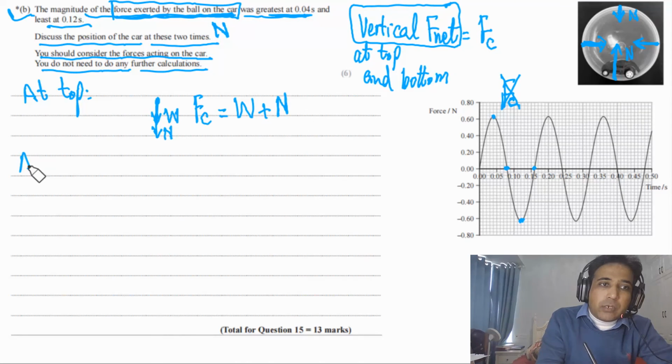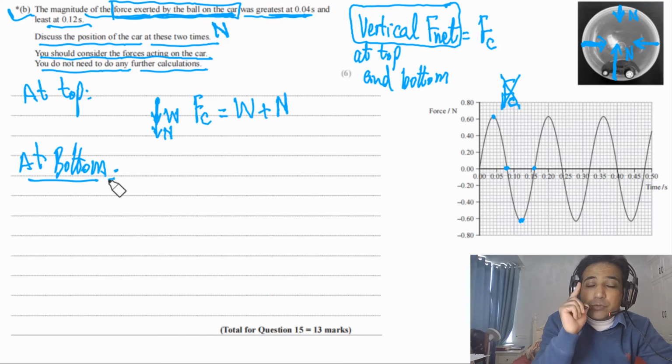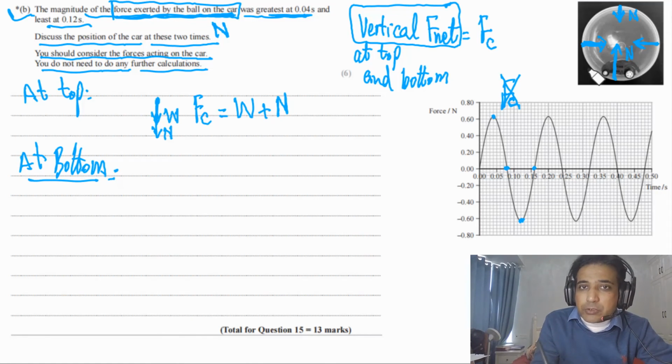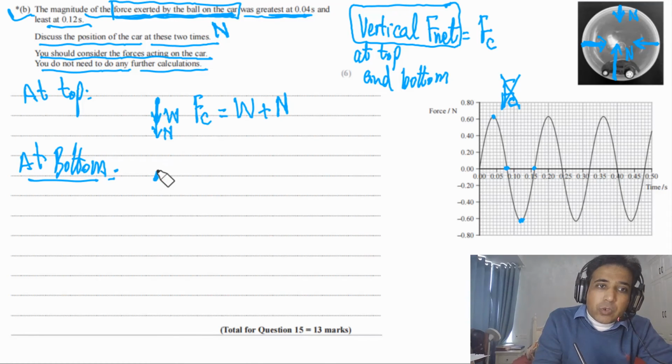Now if we talk about the bottom, we can write down the forces acting on the car. At the bottom there is a normal contact force, meaning the ball is pushing the car in the upward direction, and there is a weight of the car that is acting down.